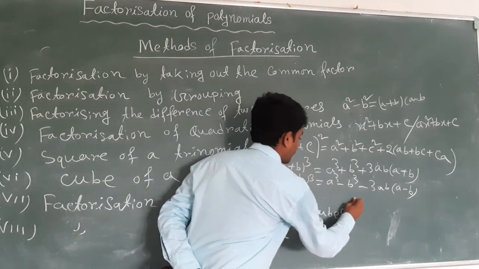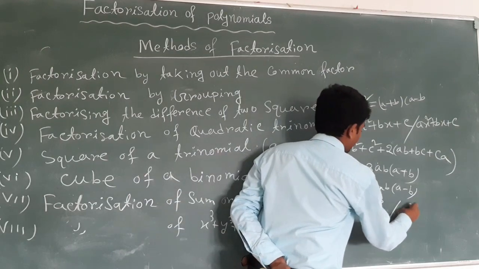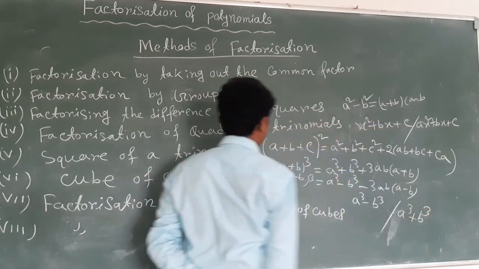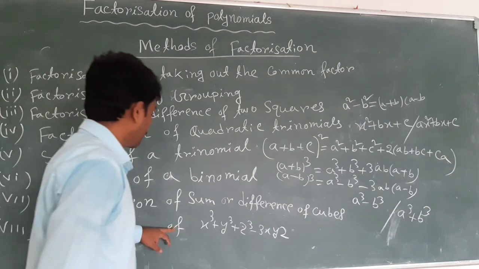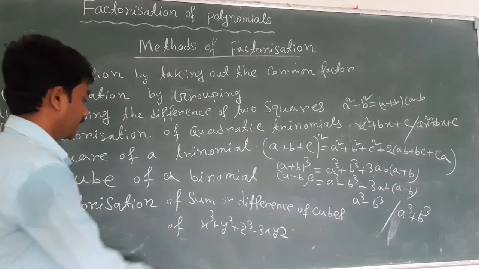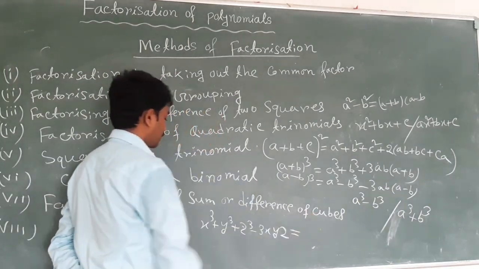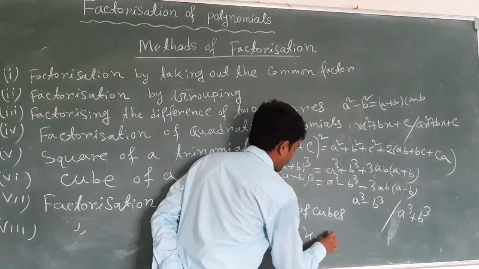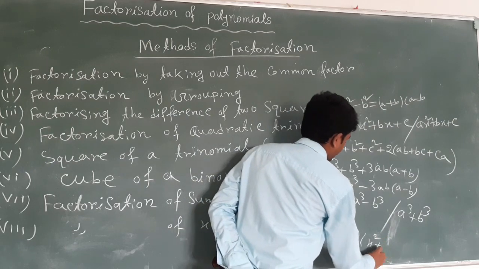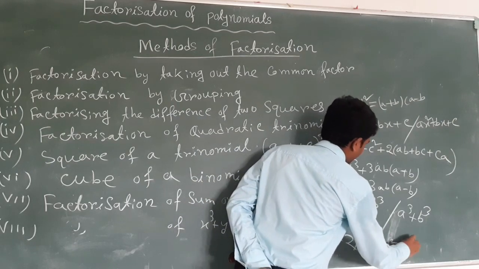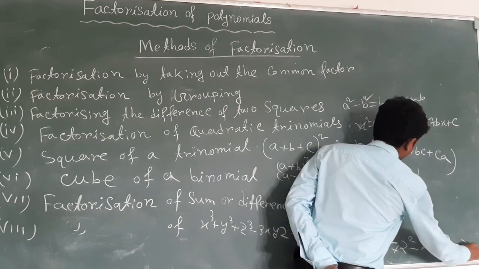These types: a cube minus b cube or a cube plus b cube. And last one, factorization of these types: x cube plus y cube plus z cube minus 3xyz is equal to x plus y plus z into x square plus y square plus z square minus xy minus yz minus zx.